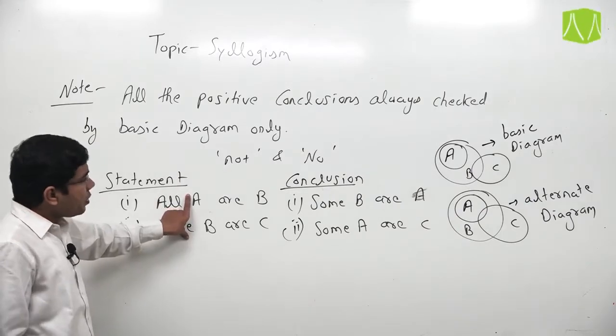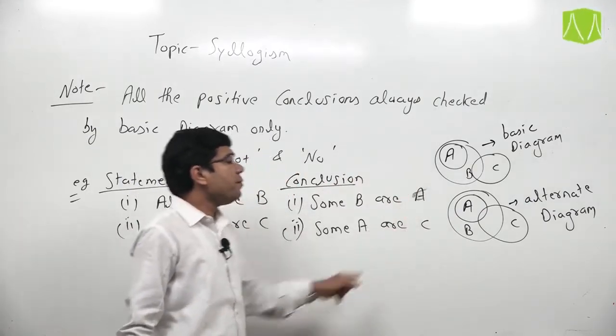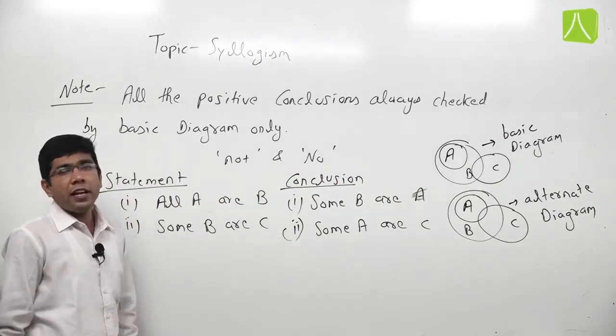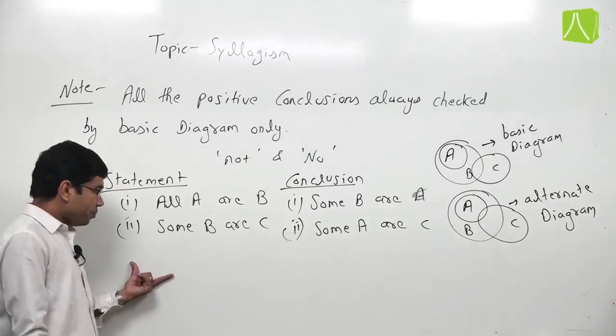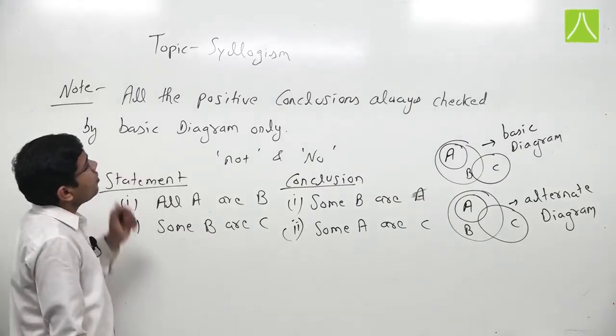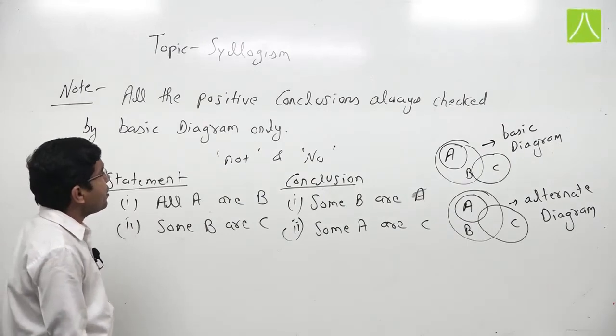So according to the statement, the diagram is basic diagram, and other than the basic diagram, all diagrams are called alternate diagram. Now we remember a note: all the positive conclusions are always checked by basic diagram.